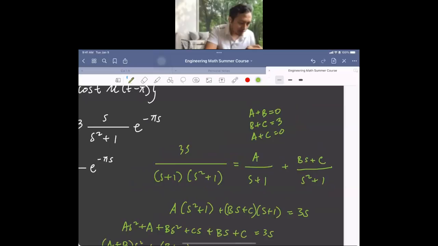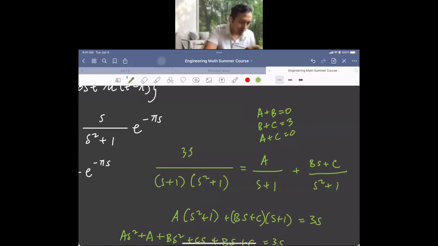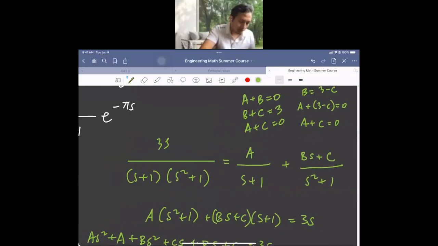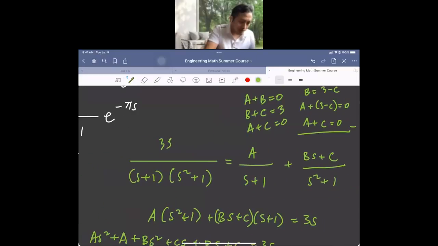Okay, so we can start with B is 3 minus C. So A plus (3 minus C) is 0, and A plus C is 0. So we can have some sort of subtraction.